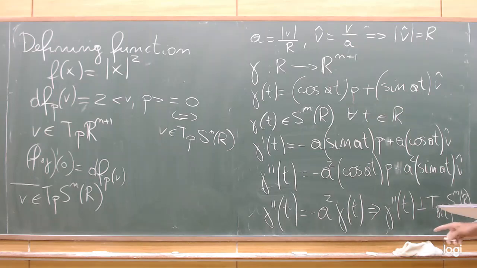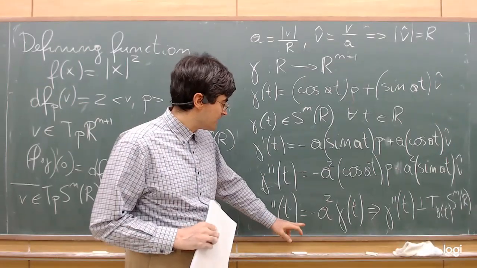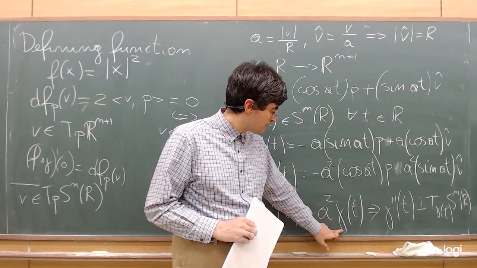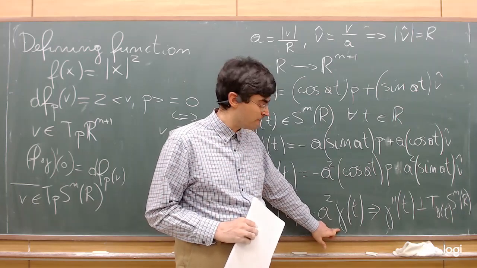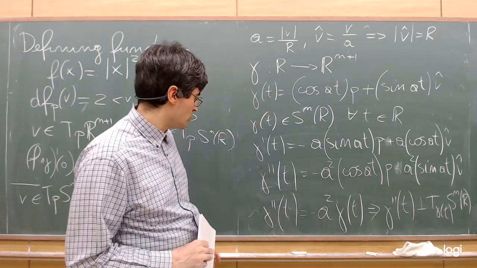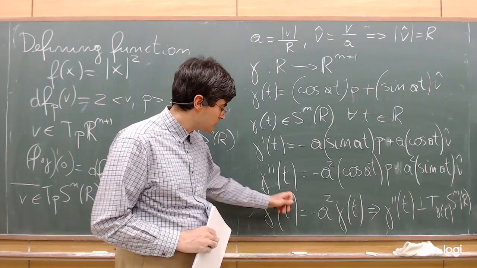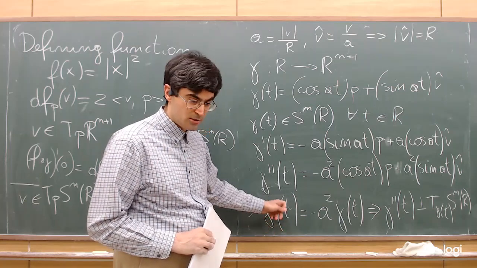The reason why this is true is that you have to think of gamma t as a vector valued map. So this is now a function which is vector valued.